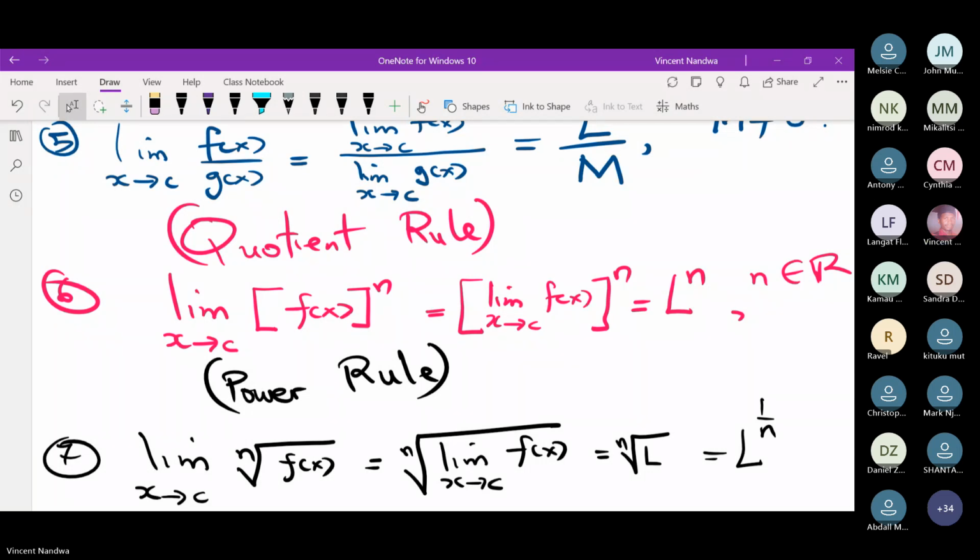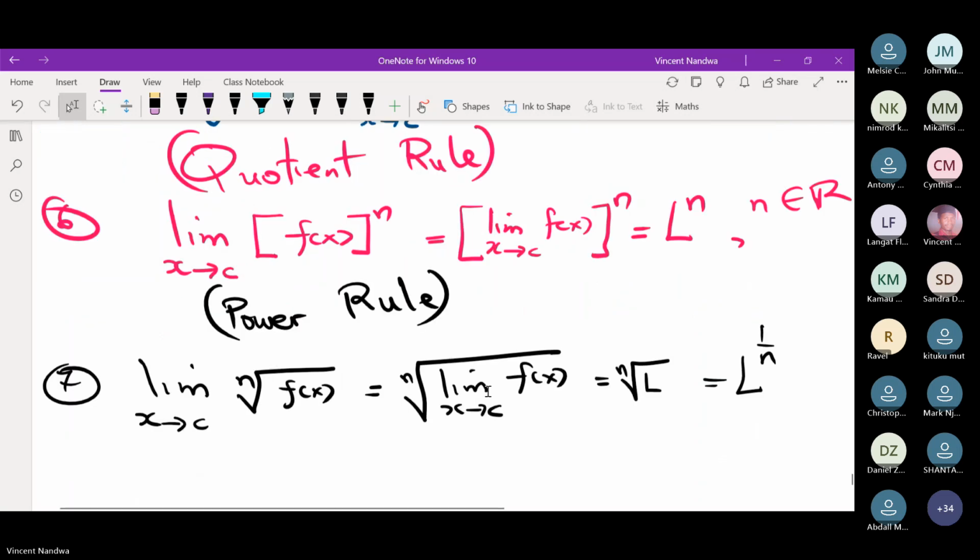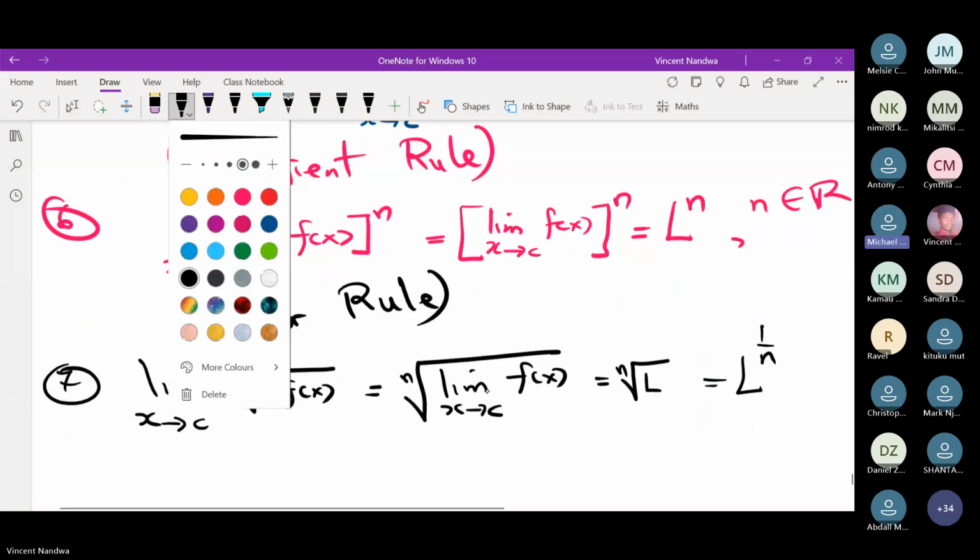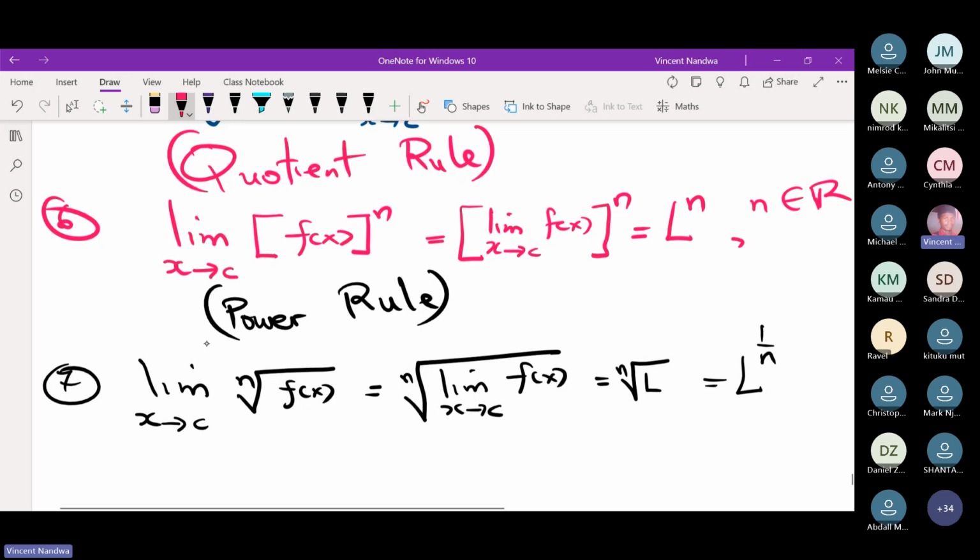So what special name can we give this? You can just call it the root rule.